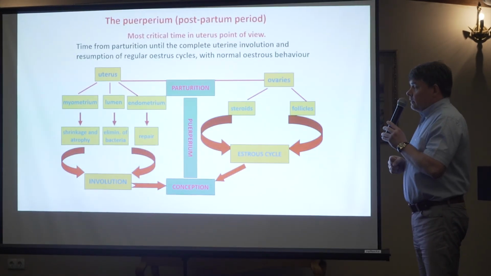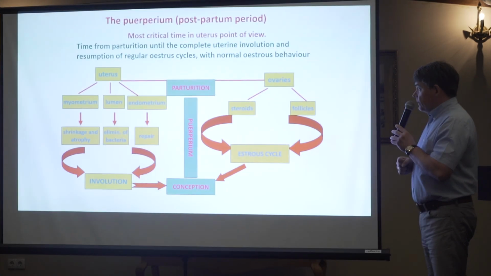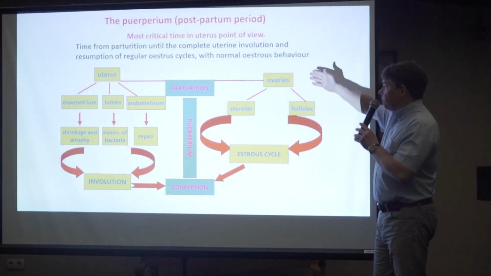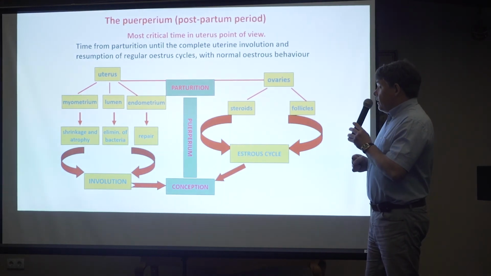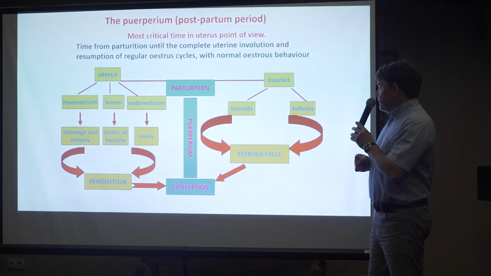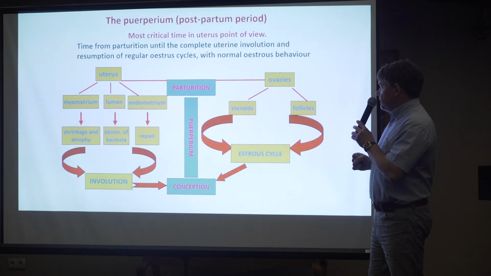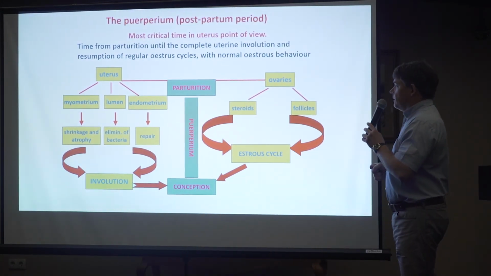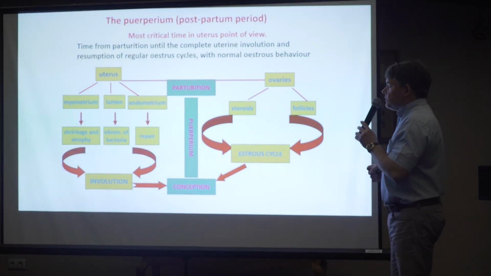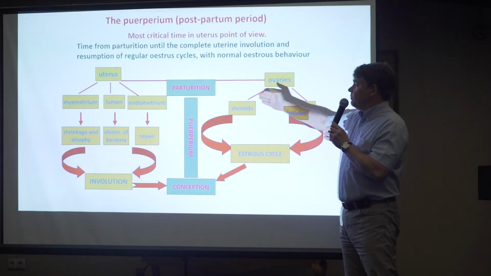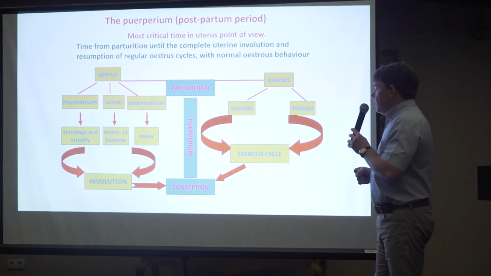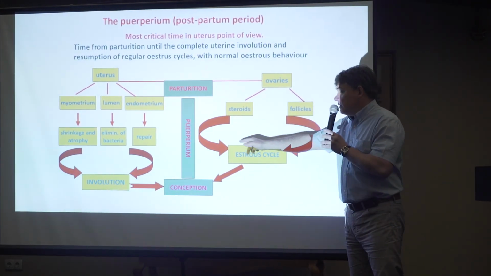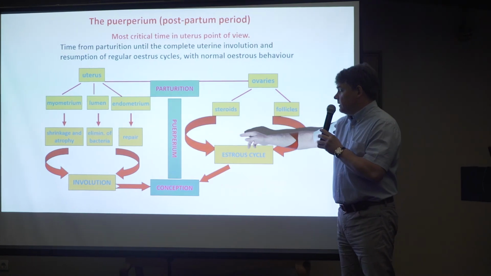I was talking a lot about ovaries in the morning, and if we're talking about the ovaries postpartum, the main task is that the follicles start to grow, and those follicles should start to produce the steroid hormones. And if there are follicles and steroids, it should give the estrous cycle.